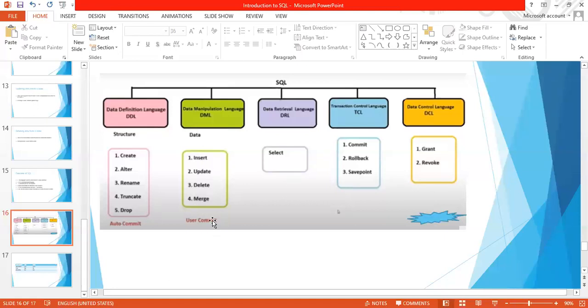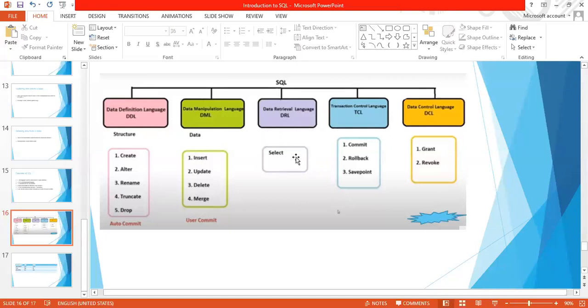Once we insert the data, it is our choice as an Oracle developer whether to commit the transaction that I have done or roll it back. Commit and rollback come under transaction control language. We will discuss how exactly commit and rollback help us.